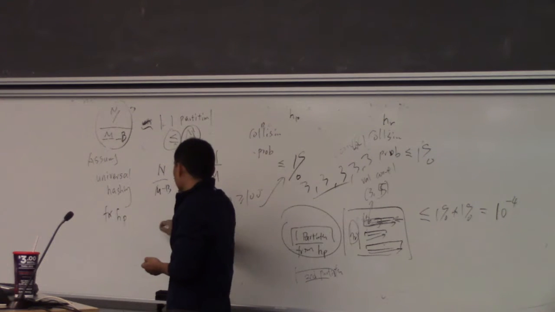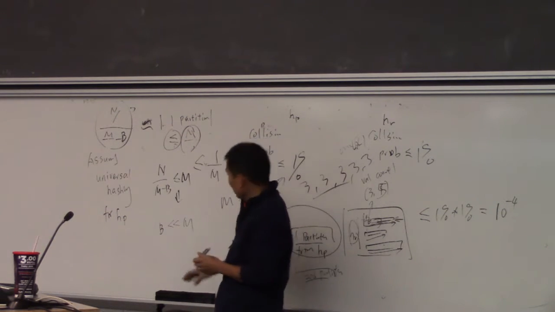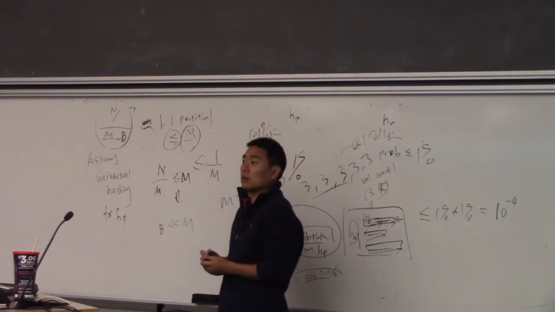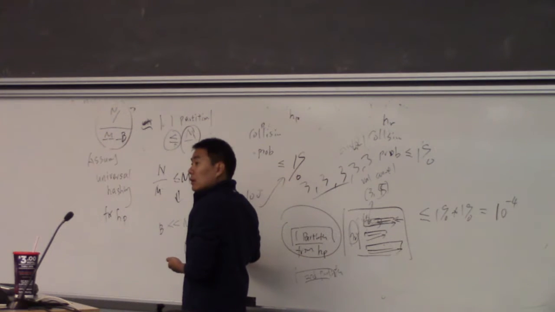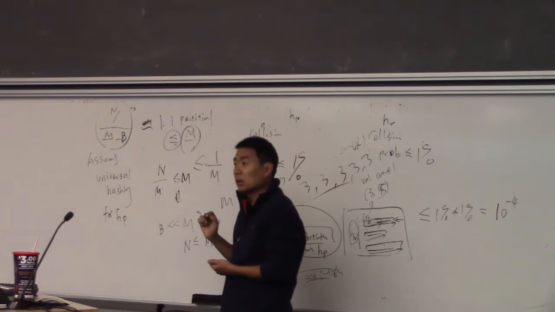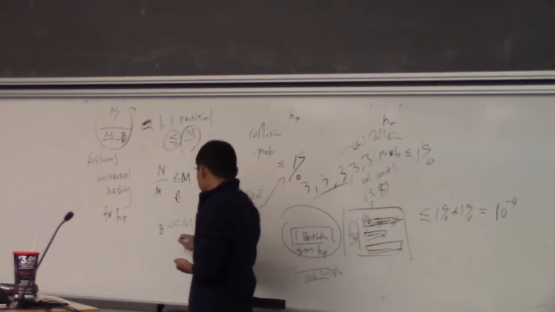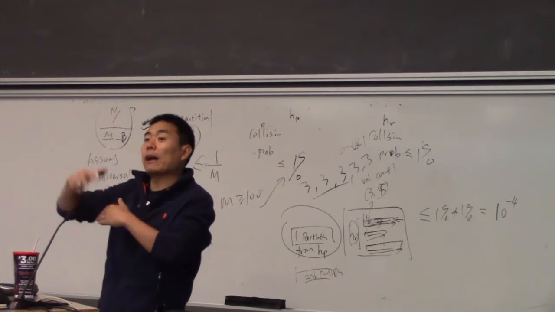And furthermore, we can simplify, since B is typically a value much less than M. So we can simplify this a little bit, and this implies that N must be less than or equal to M squared, meaning the number of items.